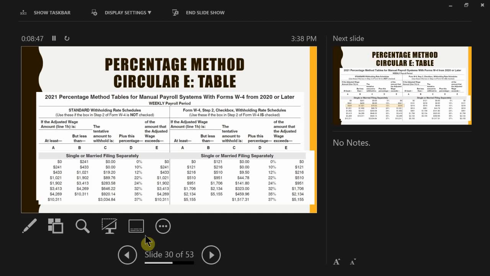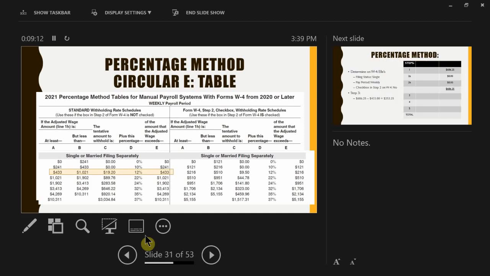In this case, we have to roll down. Yes, she's made at least $433, but she surely did not make $1,021, so we have to go back up. Did she make at least $433? Yes, she has. Is it less than $1,021? That's for sure. So we notice that this is the row that we're going to be taking a look at.